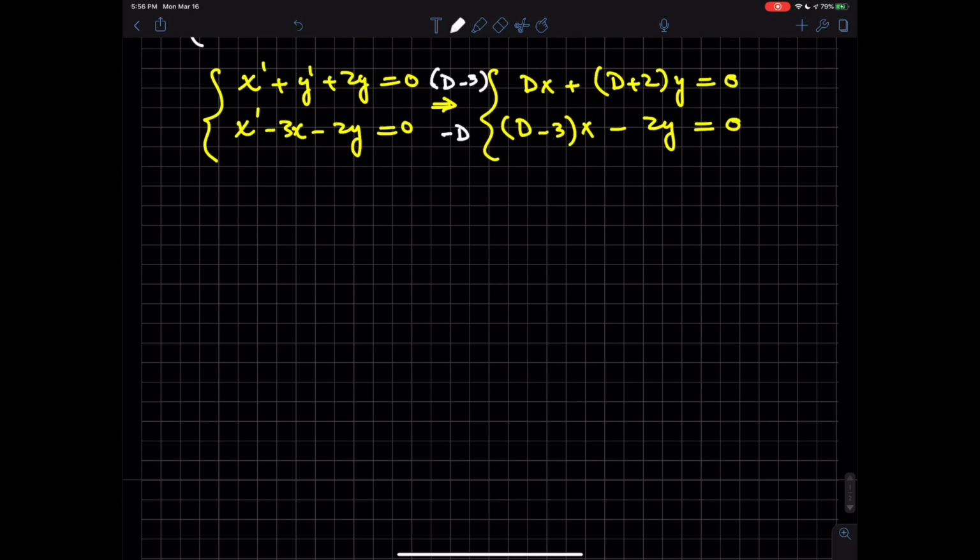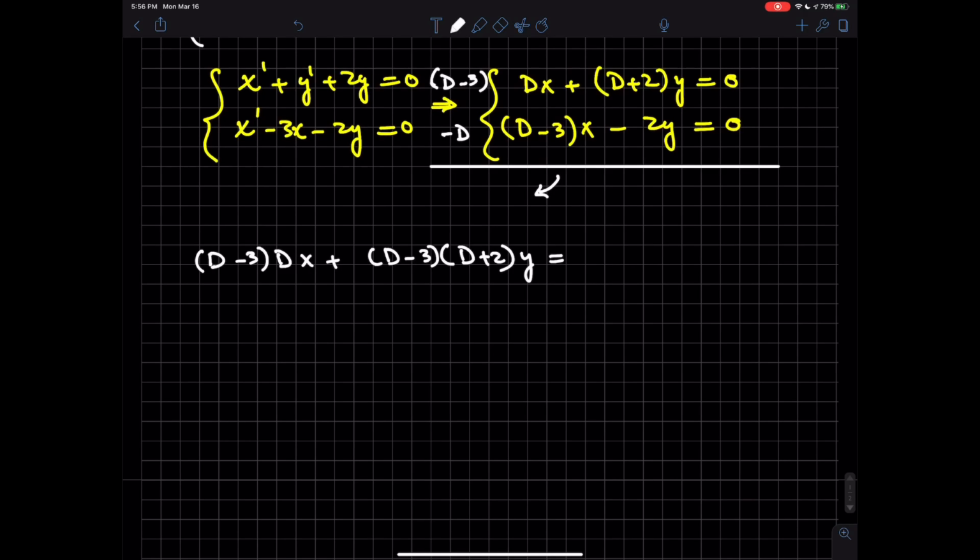Now adding these two equations together, which is what we do when we're using the substitution method, and multiplying it, of course, with the constants, will give us (d minus 3) times dx plus (d minus 3d plus 2)y equals 0.